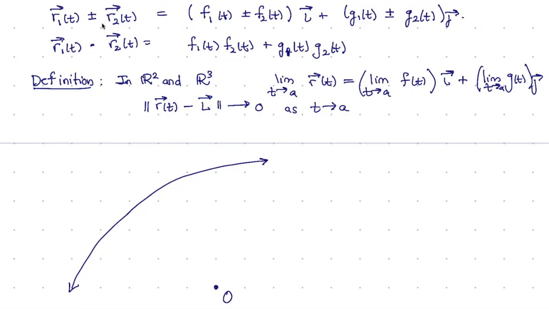For example, if we were to have our limiting function here being L, and our vector-valued function being r of t, if you were to try to sketch the difference between the two, the difference between the two functions would be the following vector, starting from the L and heading towards the r, so that my vector-valued function here would look as such.